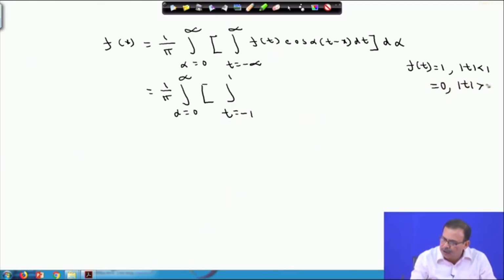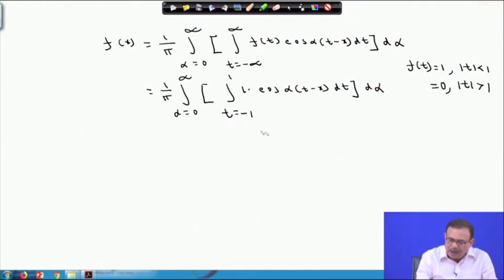So we have integral over t from minus 1 to 1 of 1 into cos of alpha into (t minus x) dt d alpha, and this integral I can evaluate very easily.